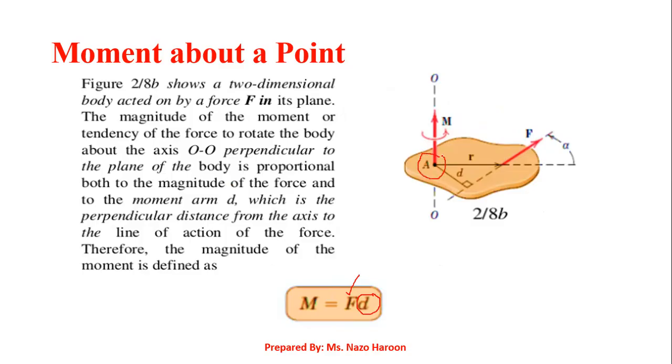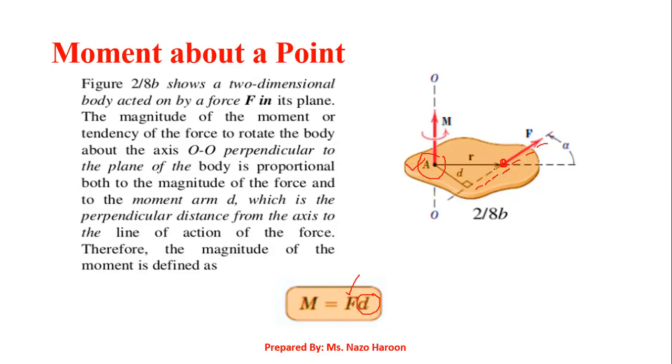For example, suppose you have to find the moment about this point A, right? And you have a point of application of force somewhere right here. See? The line of action of this force would be something like this. If I draw the line of action of the force, it would be something like this.